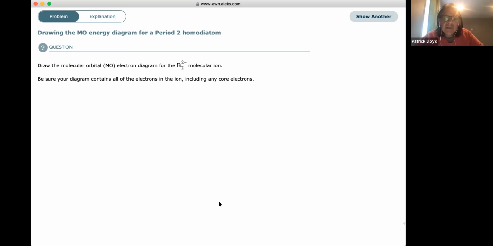So let me show you how to do this one. It's B2 2-, so you want to use the right diagram.